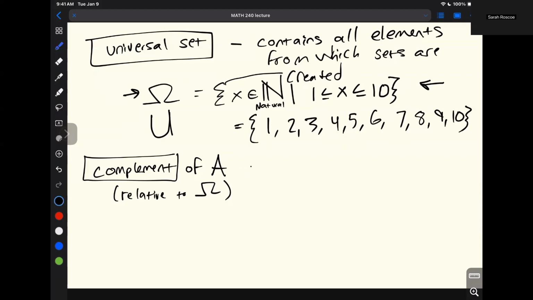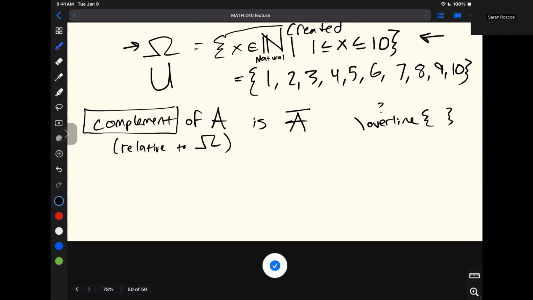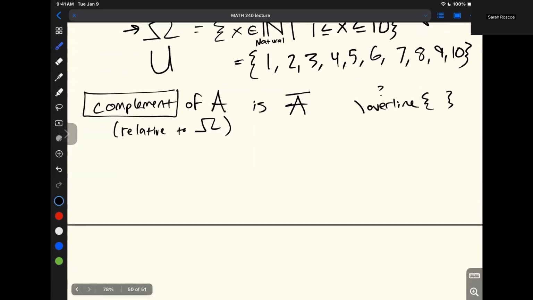The complement of A is denoted A with a bar over it. And I believe it's \overline in LaTeX, but don't quote me on that. So the complement of A, we denote A with a bar over it.